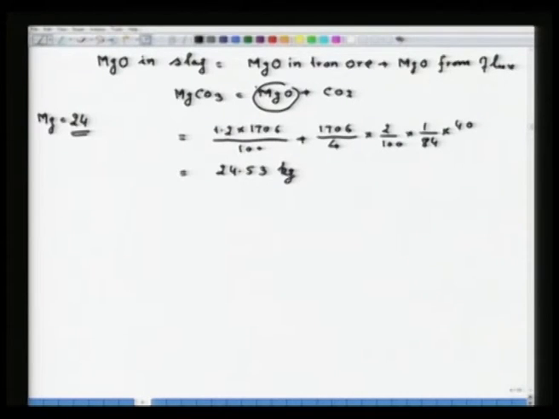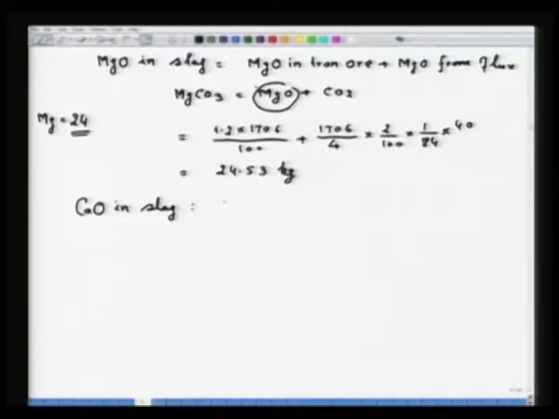Now we have to calculate calcium oxide in slag. It is very simple, the source is only calcium carbonate. So, if you calculate, it will come to 229 kg. Now, the problem also says 0.5% of iron is slagged off.